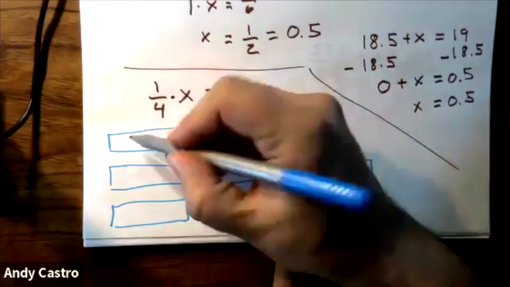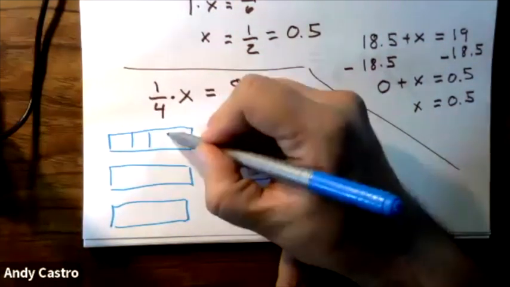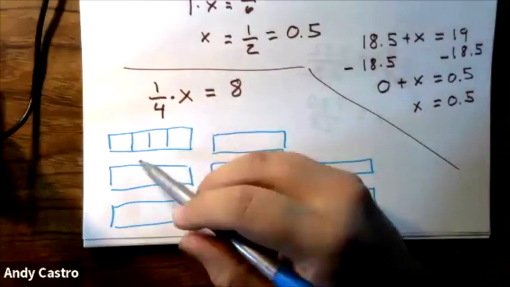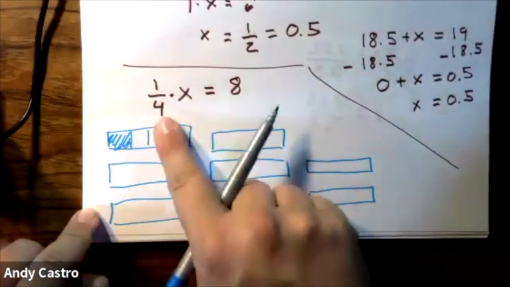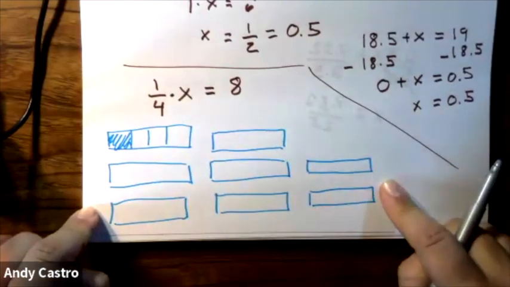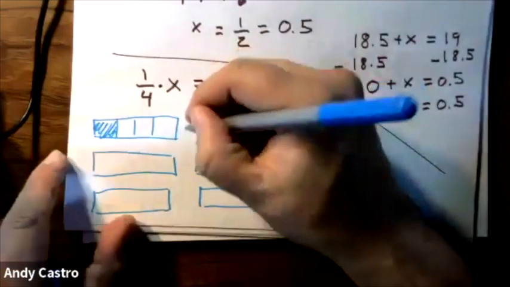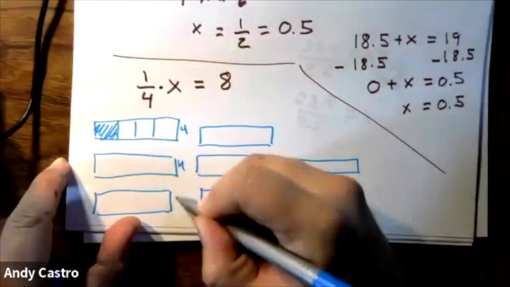And if I divided each one of these into 4 sections, here's 1/4. How many of these fourths do I need to have to get 8 wholes? Well, I would need 4 per each one.